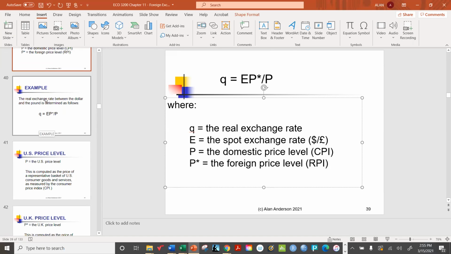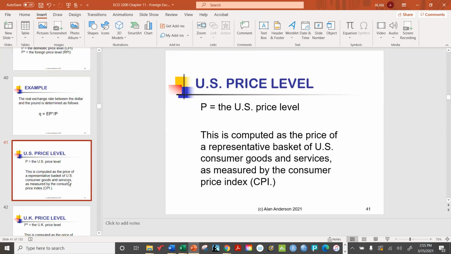So first of all, let's see how that would work with some examples, and let's try to understand what it means. So here, for example, just to expand on what we just said, we have P as the US price level, which in our case is the CPI.